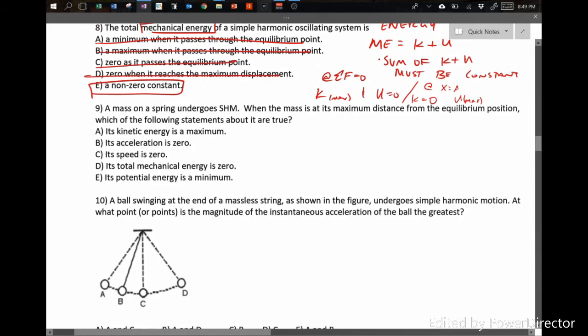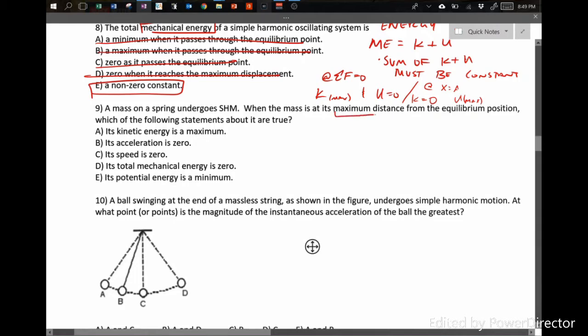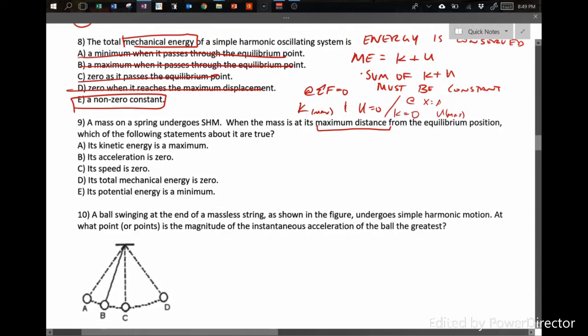Number 9, a mass on a spring undergoes simple harmonic motion. When the mass is at its maximum distance from the equilibrium position, which of the following statements are true? Maximum distance means that we have maximum force, because my force is equal to negative kx, and the bigger my x is, the bigger my force is. I have maximum acceleration, because acceleration is force over mass, so it's negative kx over the mass.